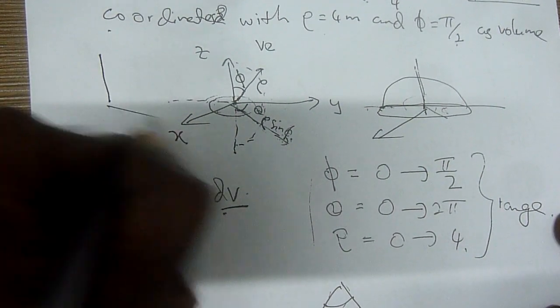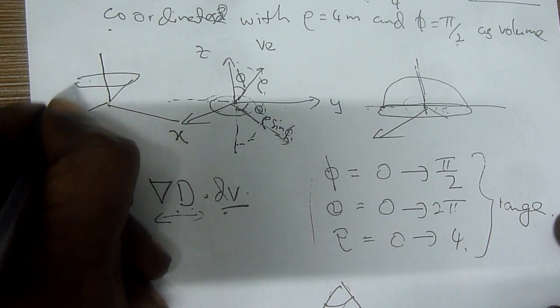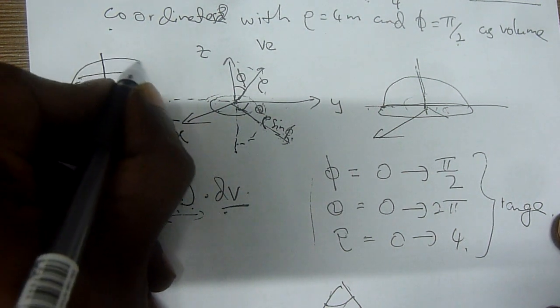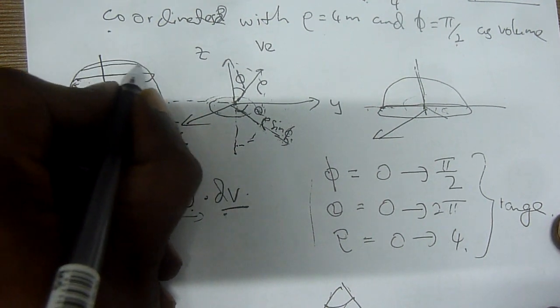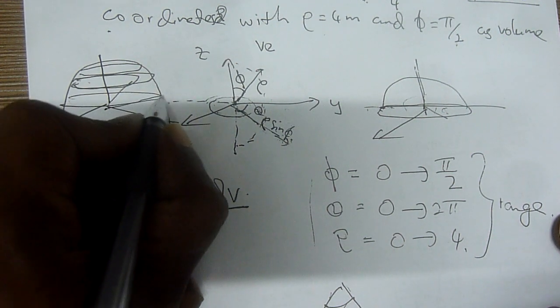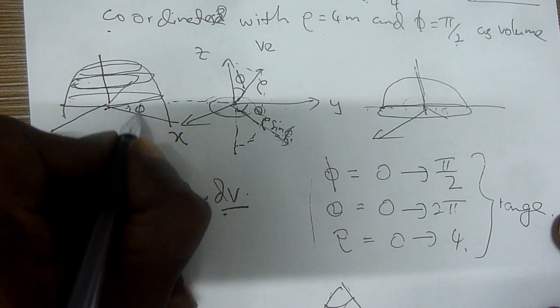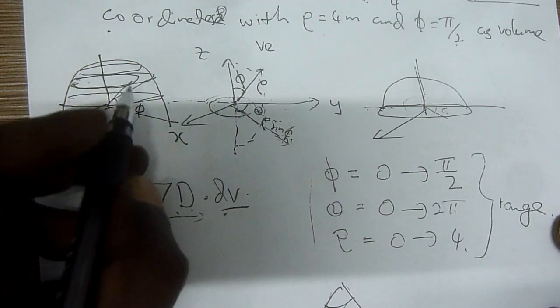I wanted to teach you some idea of why this is. You see, the spherical is not a complete one. According to the state, if this is phi, this is another phi. You can see another phi, it's a difference.